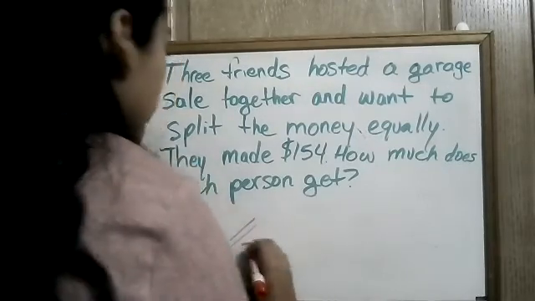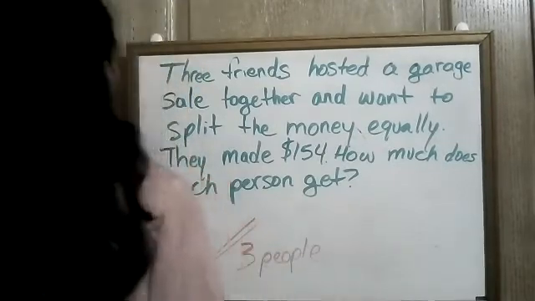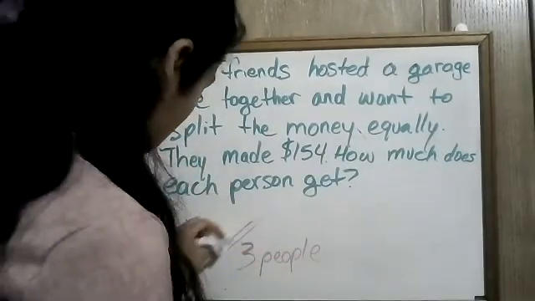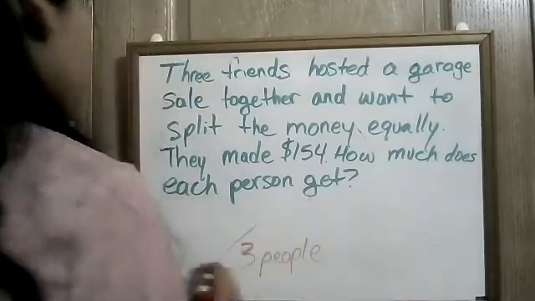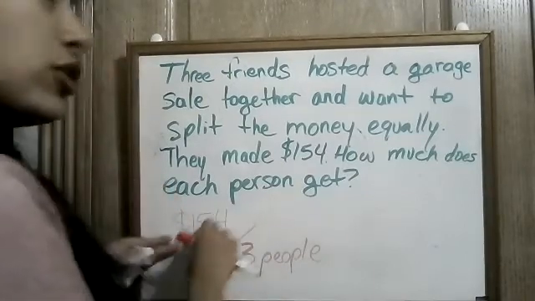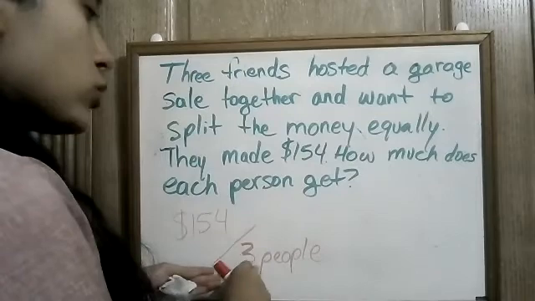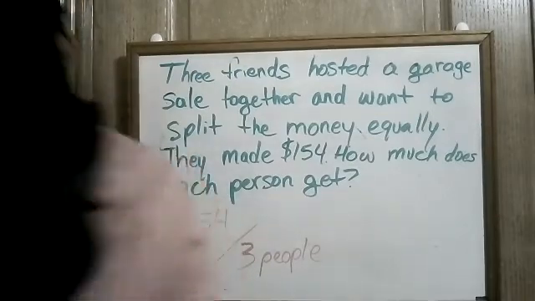So they're going to be the 3 people right here. And we divide money. So logically, we divide 154 between 3 people. Okay, that makes sense. So we just get a calculator.